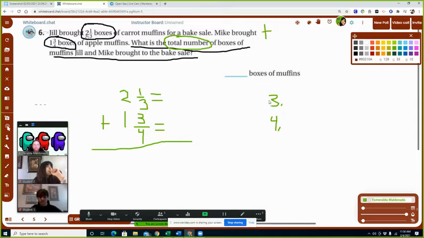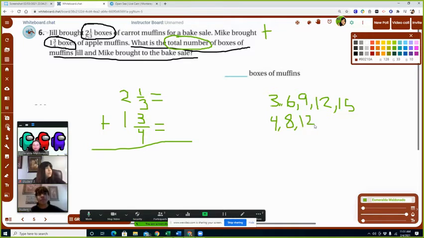So the multiples of 3 are 3, 6, 9, 12, and add 3, that's 15, right? I'll stop right there. Now let's do the multiples of 4: 4, 8, 12.